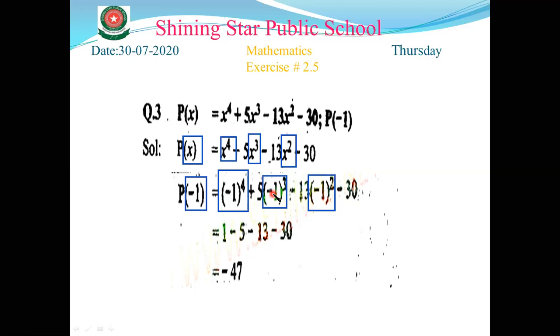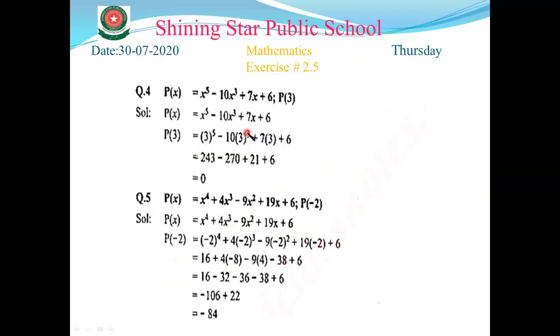But if we have an odd power, the minus cannot change into positive. Let's take an example. Minus 2 power 2 becomes 4 because the power is even. And if we have minus 2 power 3, it becomes minus 8 because the power is odd. Question number 4.